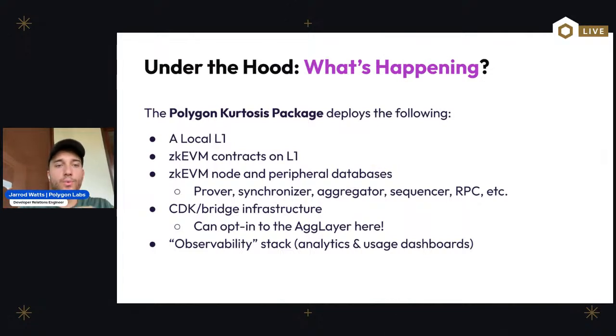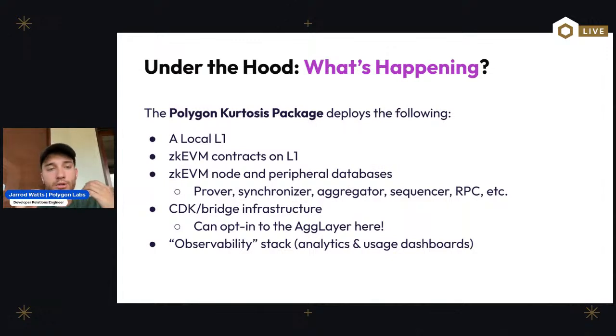Cool. Yeah, so what it does right now by default, and obviously you can turn off each of these steps or turn on each of these steps depending on what you want to achieve. But what it does by default right now is deploys a local L1. So it's just running one of the open source Ethereum nodes, mocking what an L1 experience looks like.